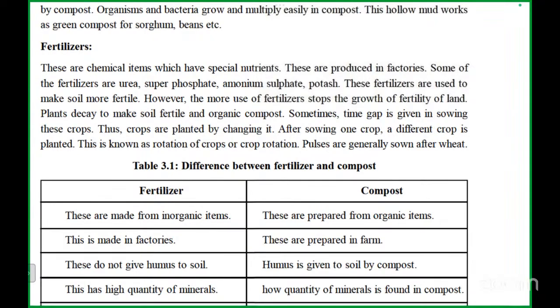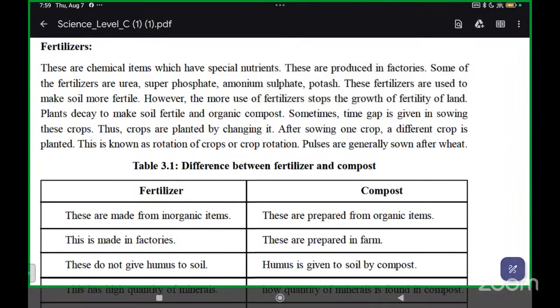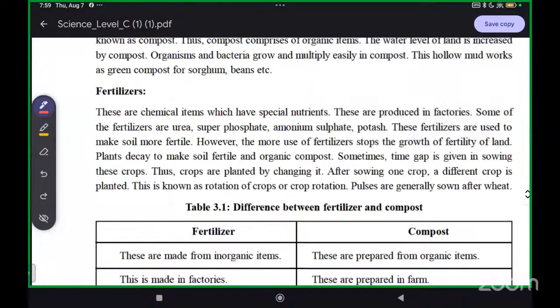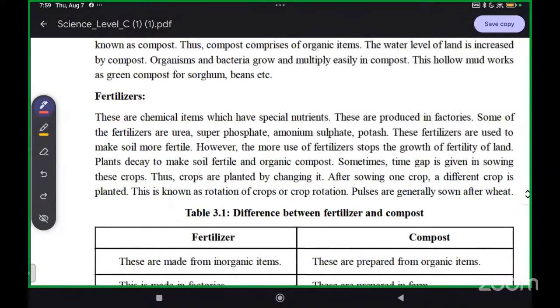Now, plants decay to make soil fertile and organic compost. Sometimes a gap is given in sowing these crops. Thus, crops are planted by changing them. Okay. There is one thing known as crop rotation. What happens in the process of crop rotation?